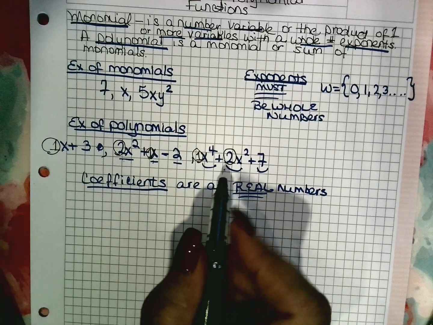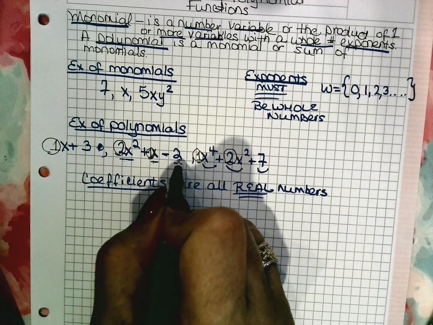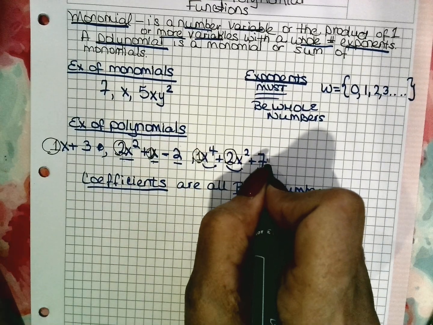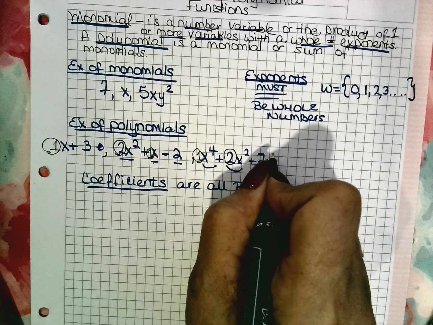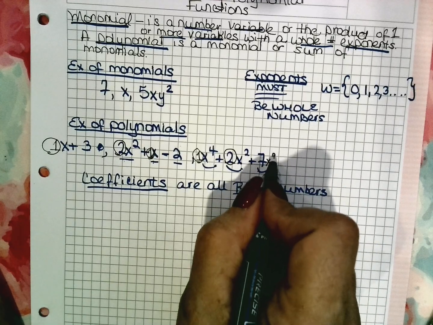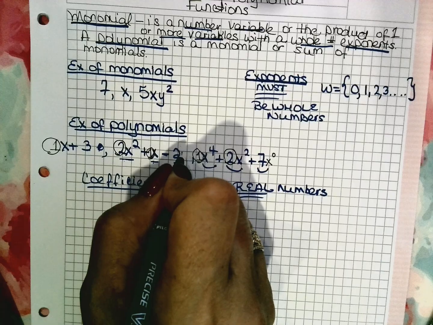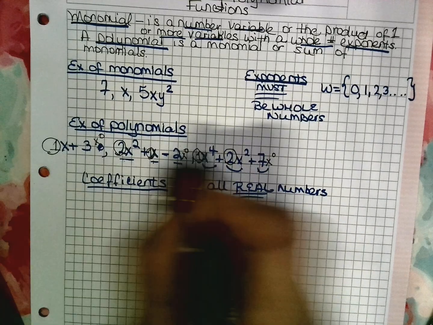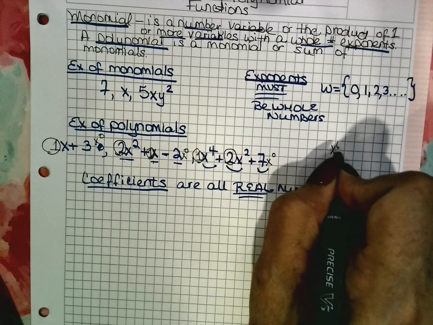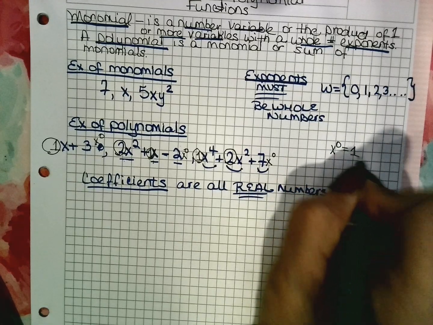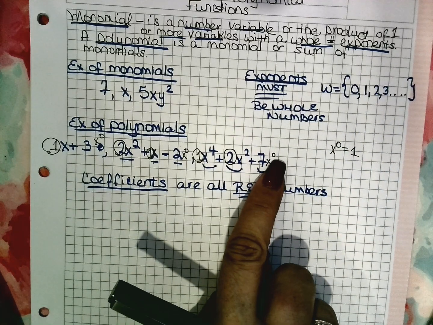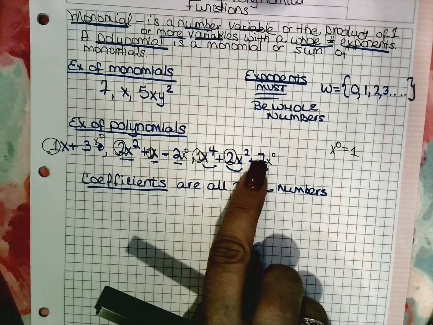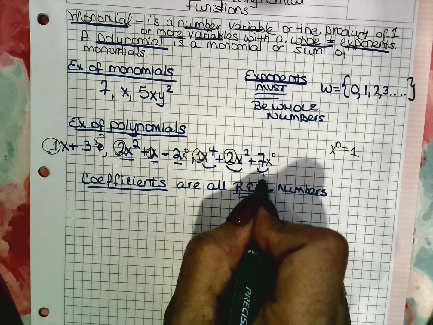And by the way, these constants at the end really, we just don't write it, have an x to the 0 term here. X to the 0. Because what, guys, is x to the 0? Anything to the 0 power is 1. So if I do x to the 0, that's just 1. 1 times 7 is just 7.